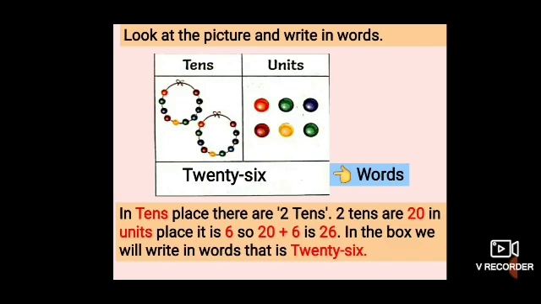In units, there are 6 beads. So in tens place, there are 2 tens. 1, 2. 2 tens are 20. In units place, it is 6. So 20 plus 6, 21, 22, 23, 24, 25, 26. In the box we will write in words, that is 26, TWENTYSIX.